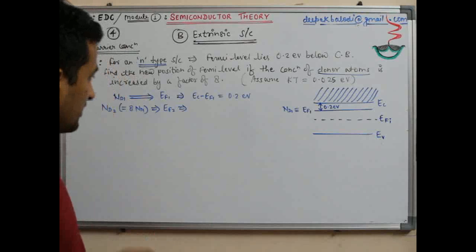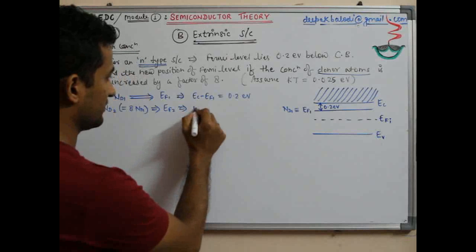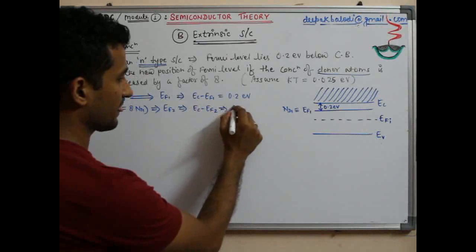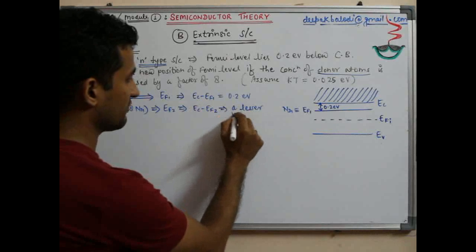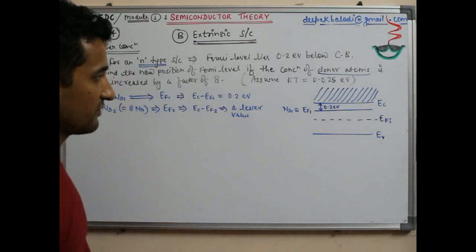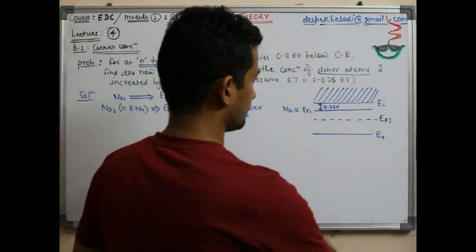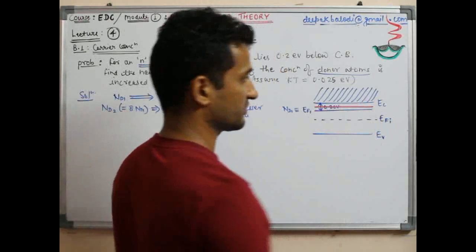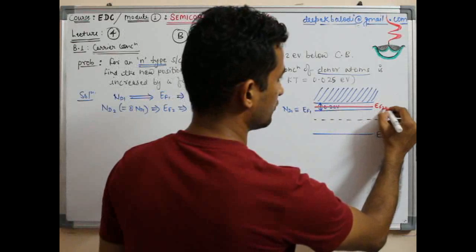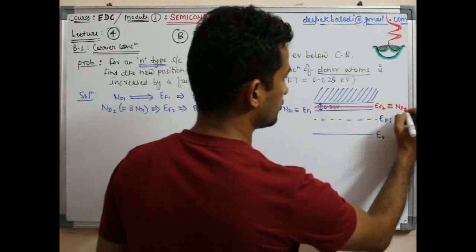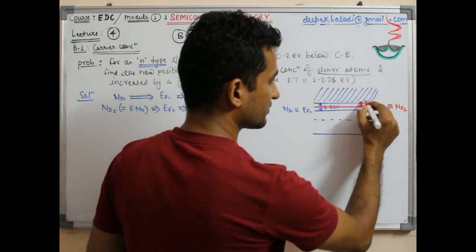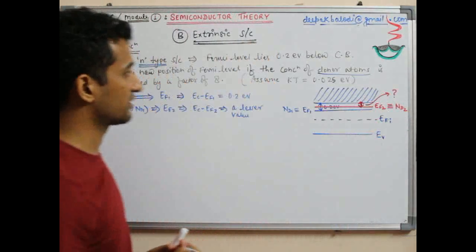So we expect that EC minus EF2 should be a lesser value relative to this 0.2, because now we have moved like this. Let me mark this new one as EF2, which corresponds to ND2. So now the difference becomes this, and this is what we have to calculate.